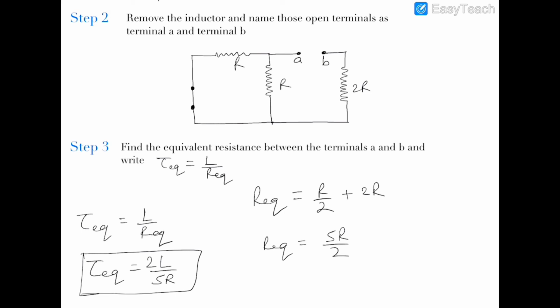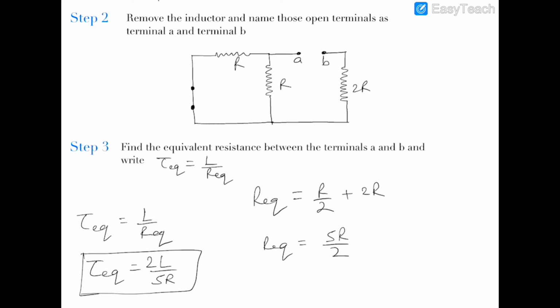So I am repeating my steps again. The very first step is to short all the potential sources of the circuit. The second step is to remove the inductor and name its terminals as A and B. And the third step is to find out the equivalent resistance across those terminals A and B, that is, across the removed inductor terminals.